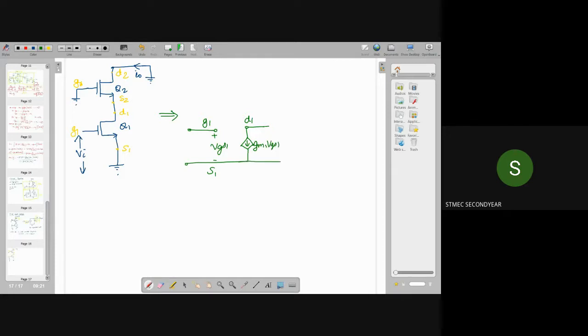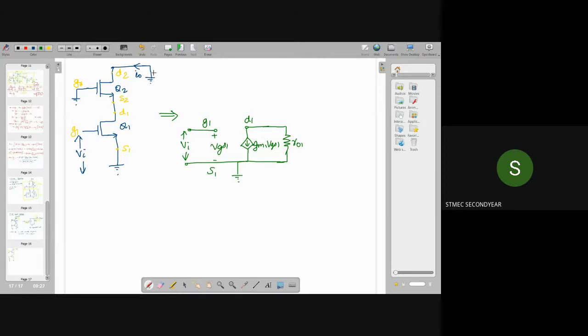And you will have a parallel resistance r01. Okay, so this is the small signal equivalent. This source is connected to ground and we are applying the input signal here. So this is the equivalent circuit for the transistor Q1.